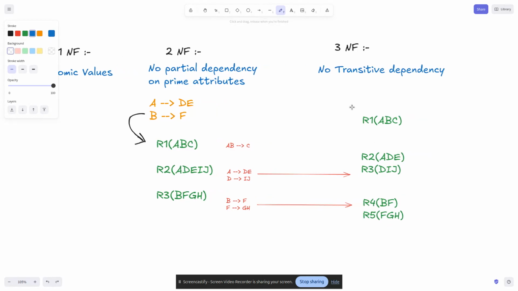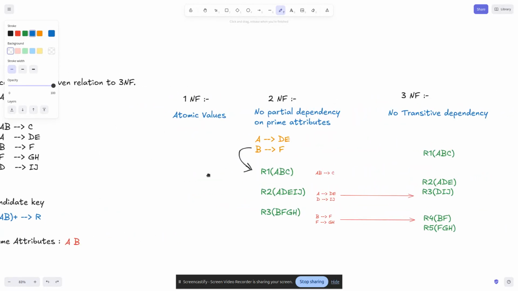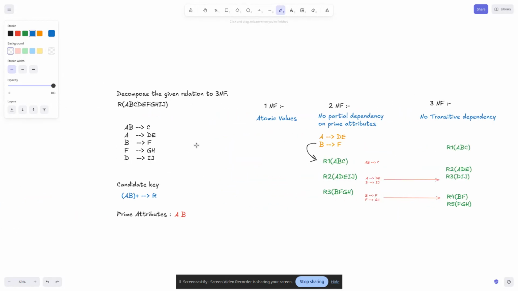So finally, we end up with five relations into which we have decomposed our original relation. Therefore, these R1 to R5 relations are now in 3NF. So we have successfully converted our given relation R into 3NF by decomposing it into five independent relations.